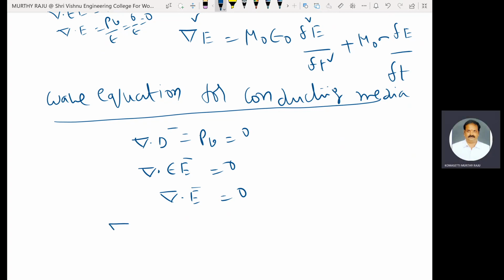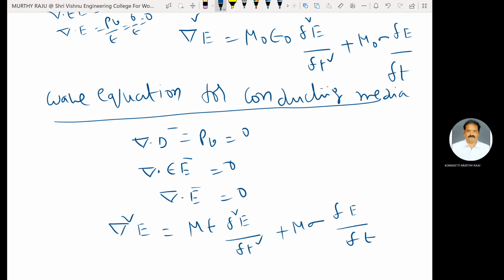Consider the first equation. Del square E is equal to mu epsilon dou square E by dou t square plus mu sigma dou E by dou t.